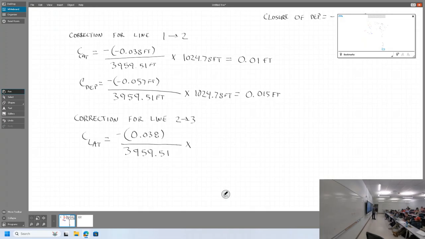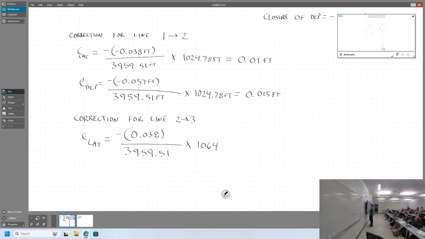Yeah, because now we're going from 2 to 3. So now our slope distance, or our length of line, is 1,064.08, right? So that's what we have to change here. That's pretty much what's changing for every single one of these, is that length of line.